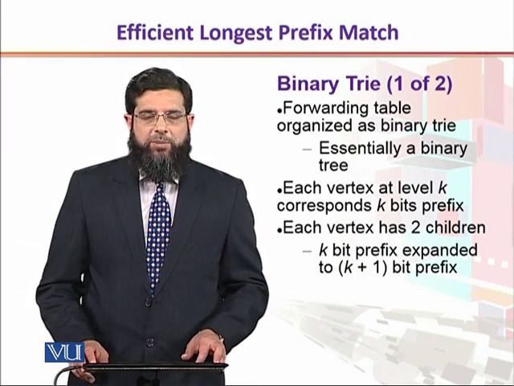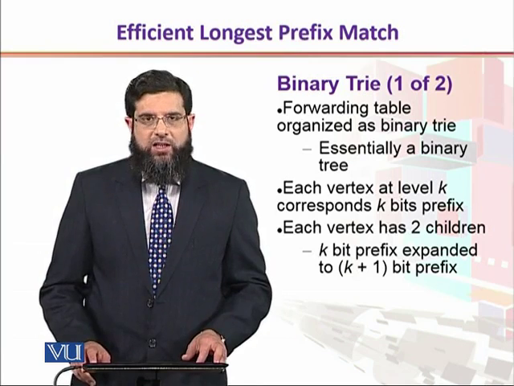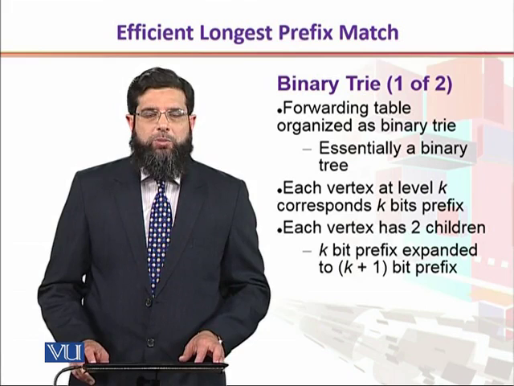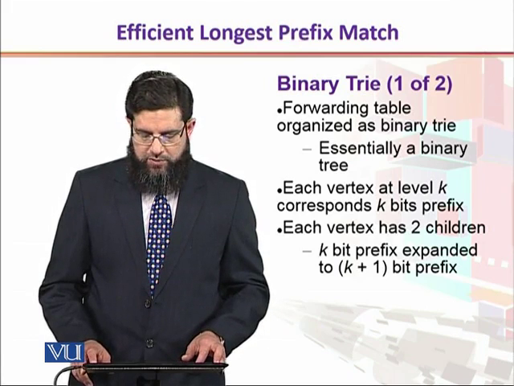For a 32-bit IP address, if k is equal to 1, we are talking about the root node, and then the binary tree would be searched downwards.